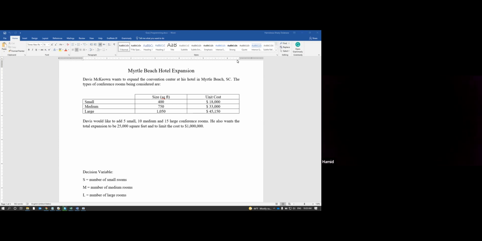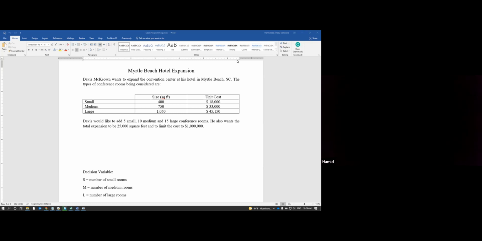A large conference room has a size of 1,015 square feet and a cost of $45,150. Davis would like to add 5 small, 10 medium, and 15 large conference rooms. He also wants the total expansion to be 25,000 square feet and to limit cost to $1 million.